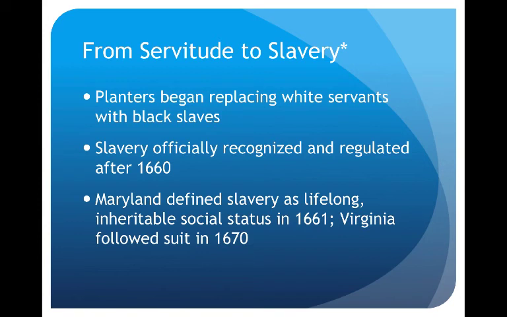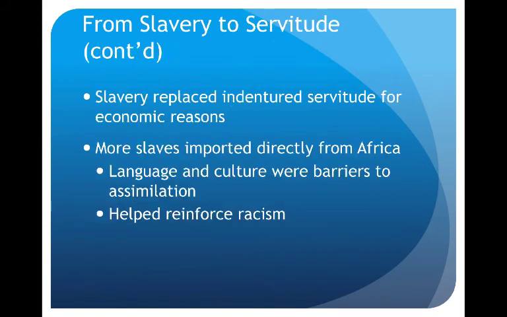And of course, this is going to lead to slavery becoming deeply entrenched in American society, particularly in the South. And by 1700, 80% of all laborers in the Chesapeake region are going to be slaves. More slaves are going to be imported directly from Africa.